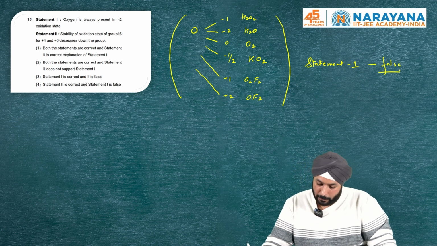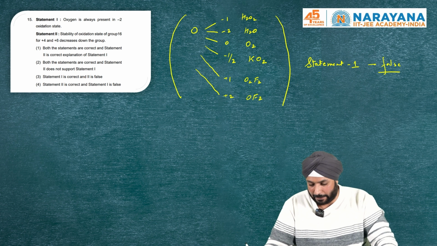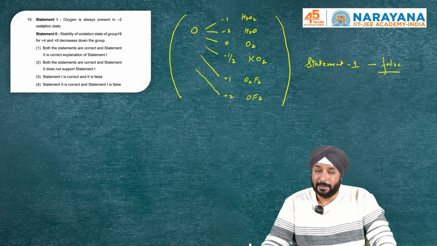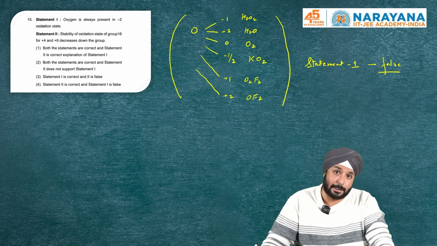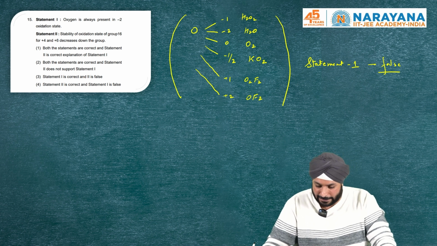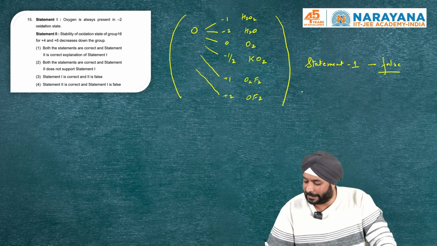Now for statement 2, stability of oxidation state of group 16 for +4 and +6 decreases down the group. There is a very predominant effect known as inert pair effect, and because of that, yes, stability of higher oxidation state decreases down the group. So statement 2 is correct.